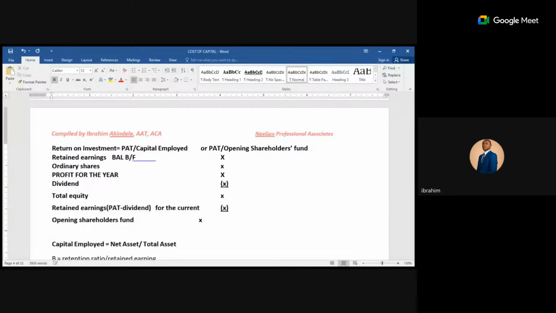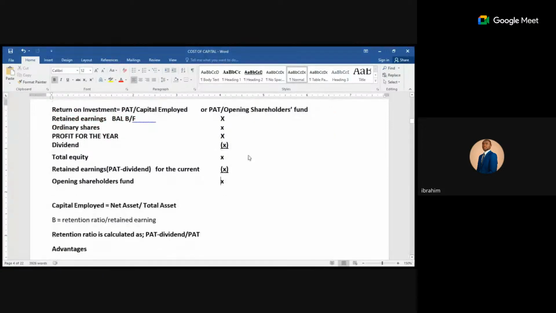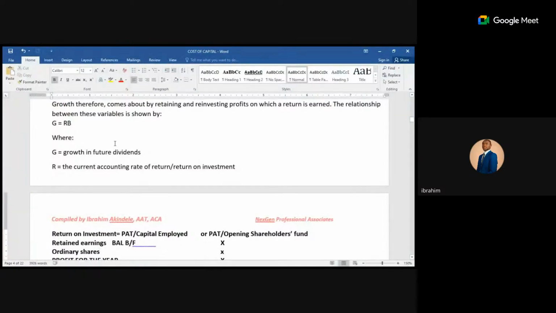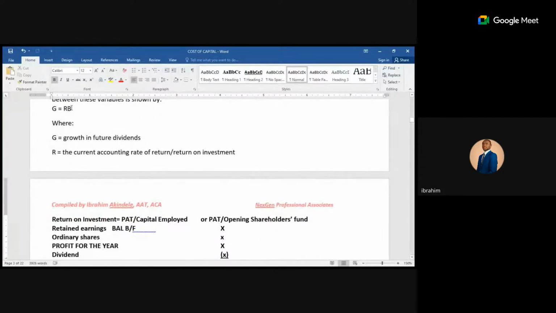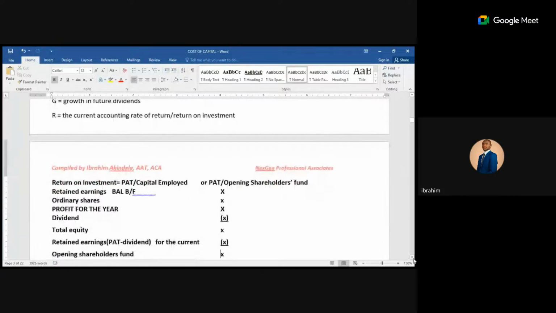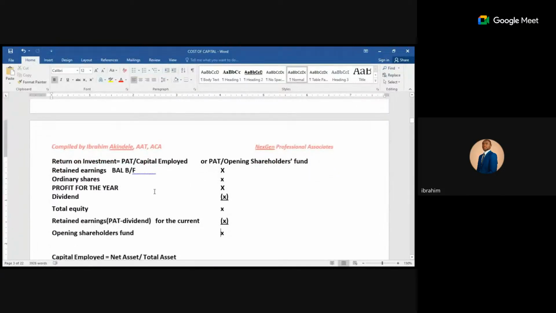Any other question? Remember that we are only defining the R, which is the return on investment. We've not defined the B, which is the retention ratio. We are only talking about the return, the R, which is the return on investment.